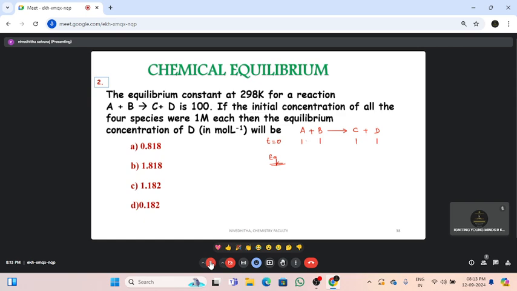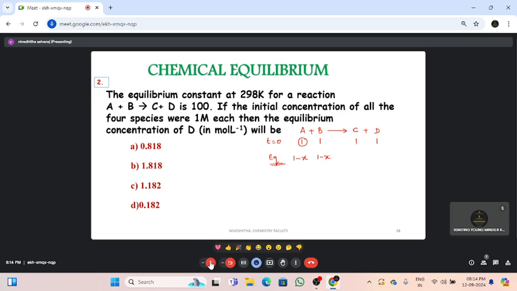So at equilibrium, reactant A's concentration will not be 1 molar. Definitely it will be less than 1. But we don't know how much quantity of A was reacted. So I'm going to write it as 1 minus X quantity was the remaining concentration of A. How about B? Again, that is also 1 minus X.